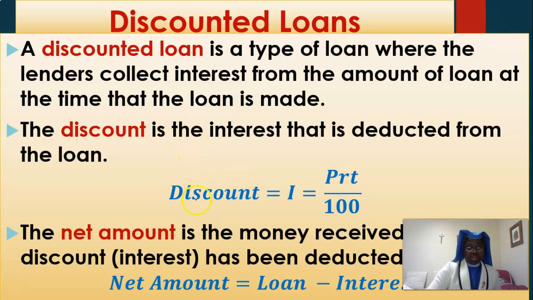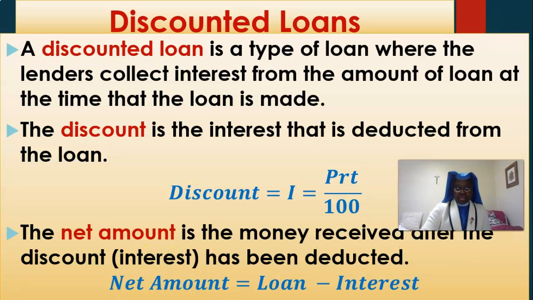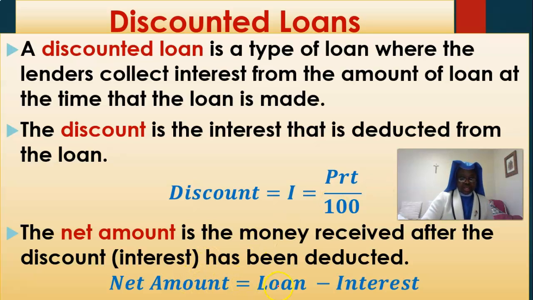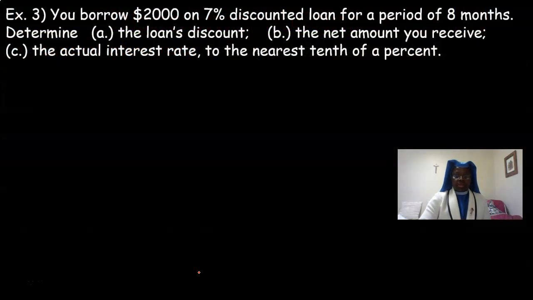So therefore, we can use the interest formula to find that discount, since it's the same thing as the interest. Then to find the net amount you're going to receive after that, it makes sense to just take the initial loan and then subtract the interest you found to know how much you will receive as your principal.